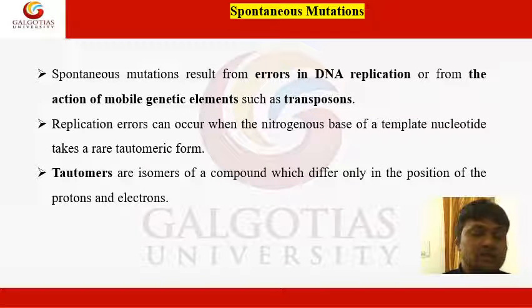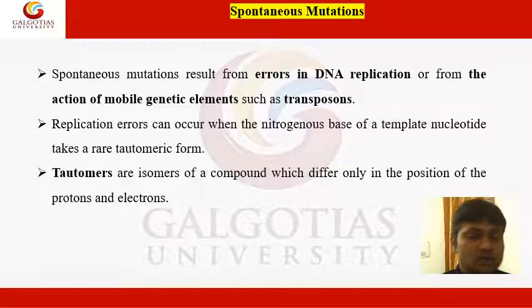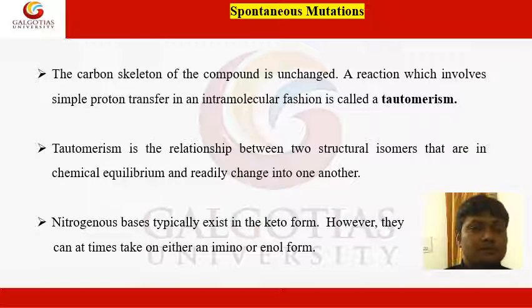Spontaneous mutations result from errors in DNA replication or from the actions of mobile genetic elements such as transposons. Replication errors occur when the nitrogenous base of the template nucleotide takes a rare tautomeric form, and tautomers are isomers of a compound which differ only in the positions of the proton and the electrons, meaning the structural positions are different but the compound is the same.